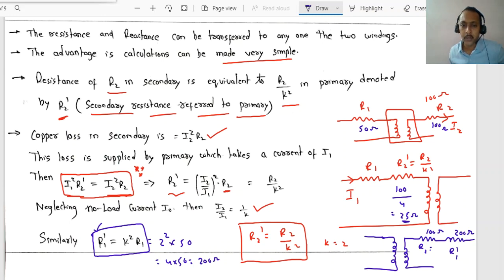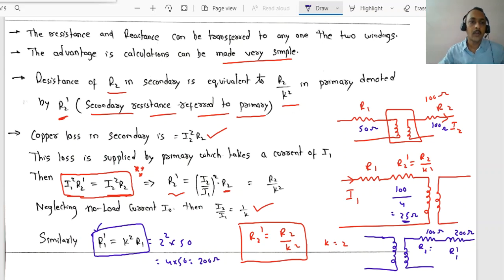If you assume K equal to 2, it becomes 25 ohms. Similarly, you want to shift primary to secondary. Before shifting it is 50 ohms. Now you are shifting. Its new value must be R1 dash equal to K square R1. K is given as 2. You know the old value. Now the new value will be 200 ohms.